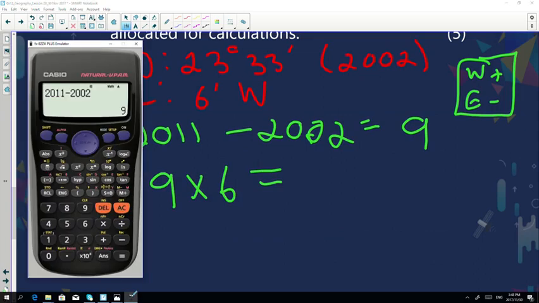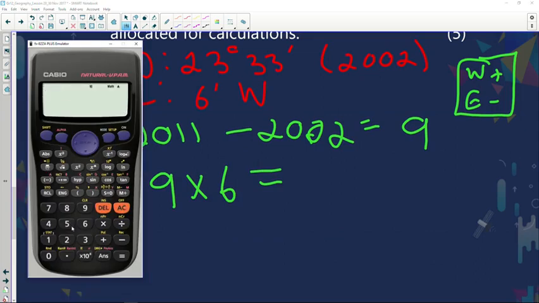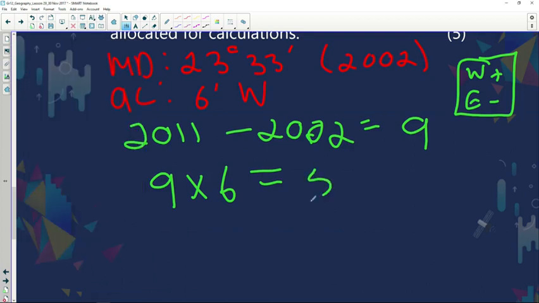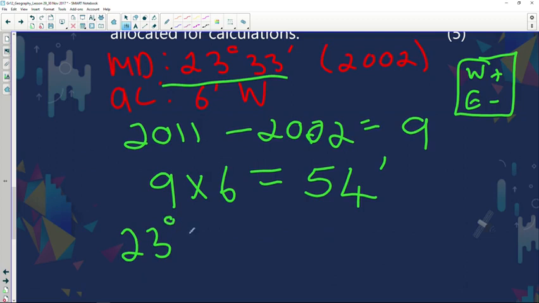Let's just make 100% certain. 9 times 6 equals 54. So that's 54 minutes. Now, because we're moving west, what do we need to do? We take the 23 degrees 33 minutes, plus we add 54 minutes.